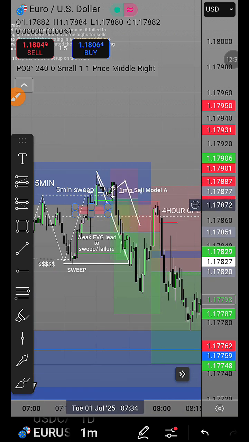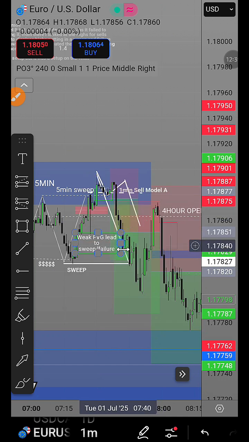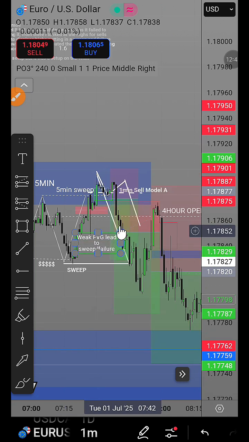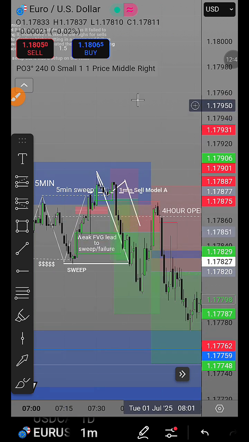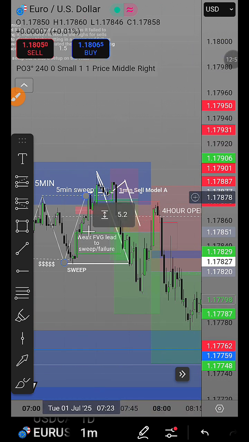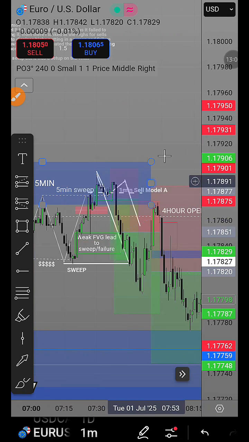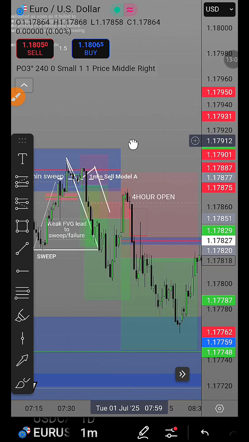And then you can see that we then get an inverse over here, or you can take the trade once the swing that put in the failure swing then gets displaced below, because a sweep is a failure swing as well. So you can see that basically this is a sell model B setup that goes into a sell model A setup. So it's two setups in one, which is high probability.